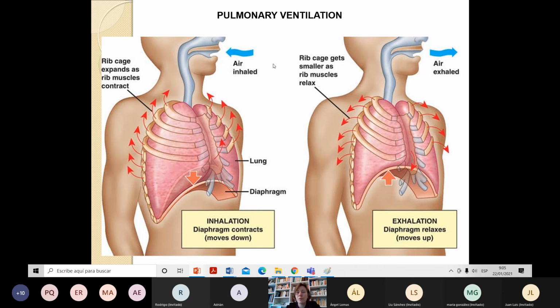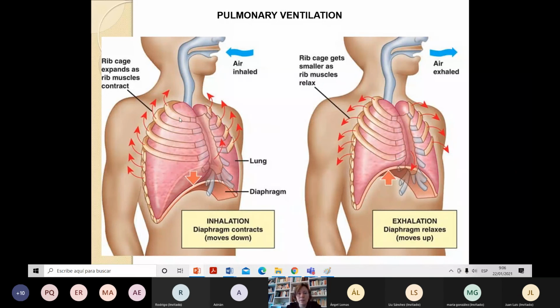If the question in the exam was, and it probably will be, to explain the two movements in the pulmonary ventilation, you've got to tell me that the two movements are inhalation, that is when the air gets inside the lungs, and it happens thanks to the diaphragm that contracts and therefore moves downwards, and the intercostal muscles or rib muscles that also contract and therefore move upwards.